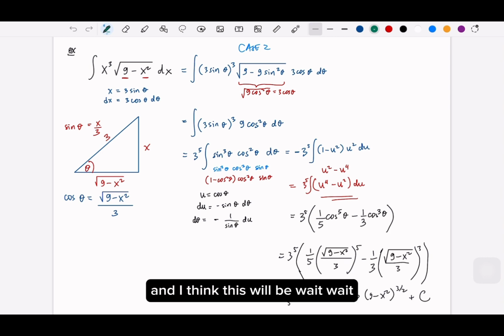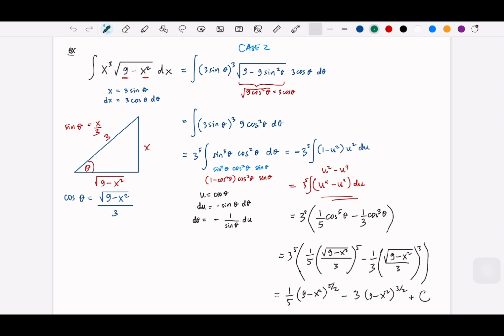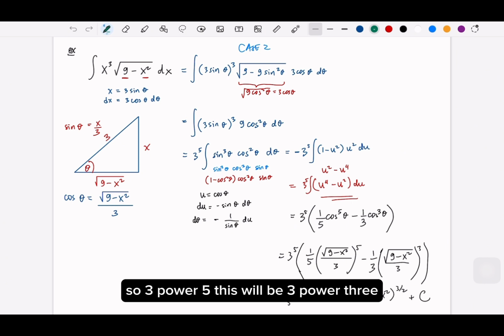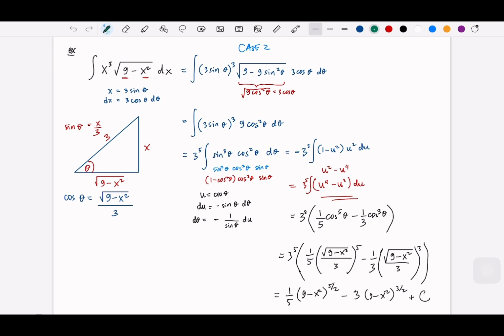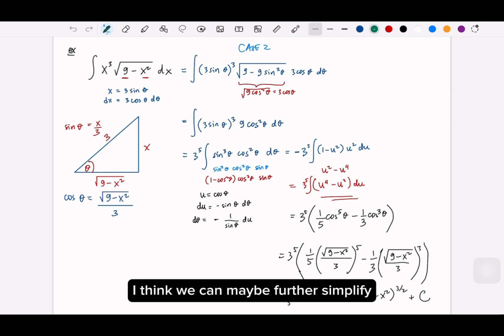And I think this will be, wait, this will be 3 power 5, right? This will be 3 power 5. This will be 3 power 3. I think we can maybe further simplify it.